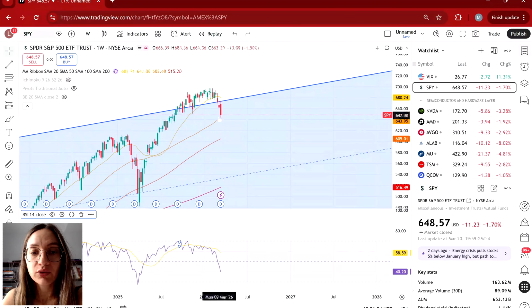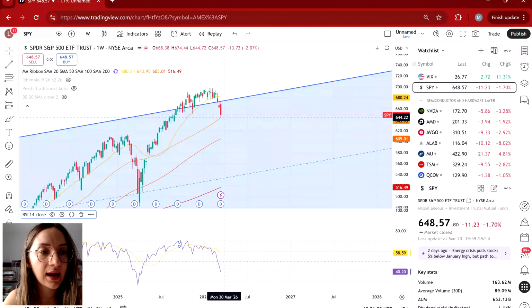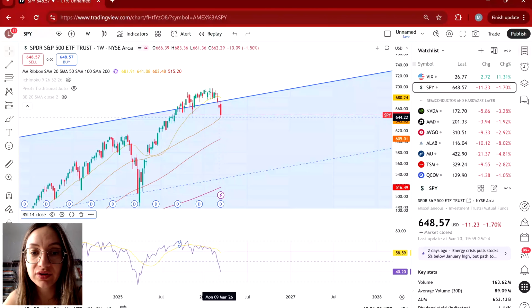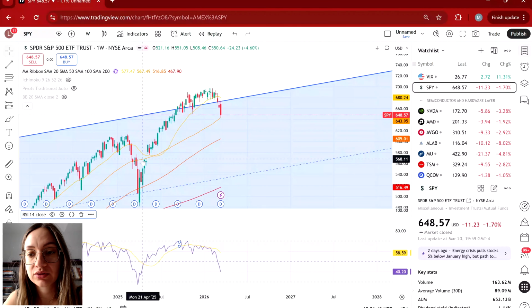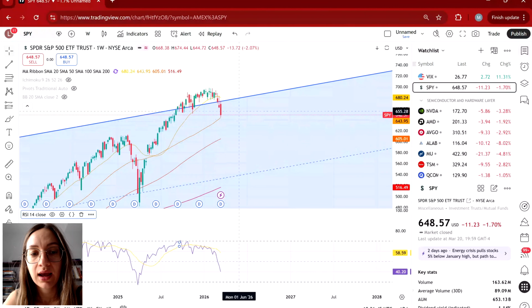So for the moving averages, we're currently sitting on the 50-day moving average around 643. It did not touch there. We're going to see if it's going to touch there. This is our support level right now since basically the April 2025 crash. It's a big psychological floor.